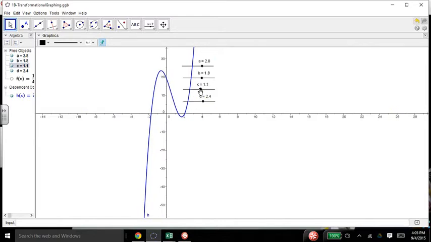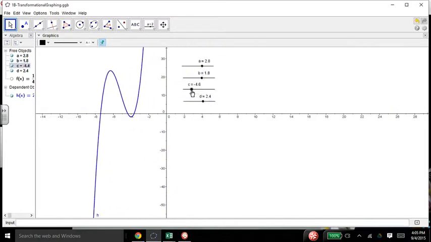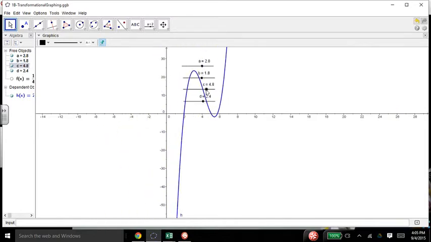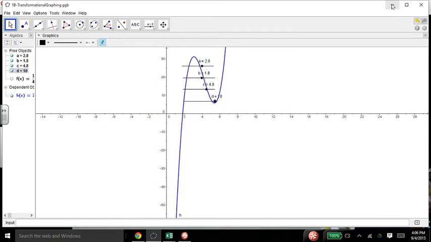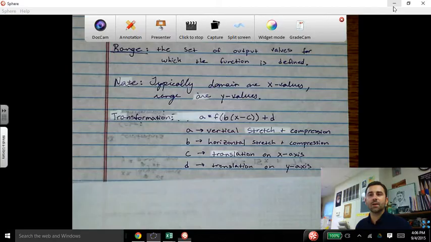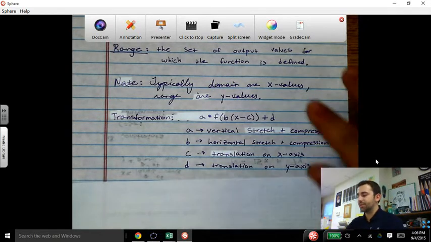When I change c, I'm translating to the left or the right, which is impacting my x values. And then when I change the d coefficient, I'm translating up or down, which is having an impact on the y values. The only new piece that we're really talking about here would be that b coefficient, where we're having horizontal stretches and compressions.